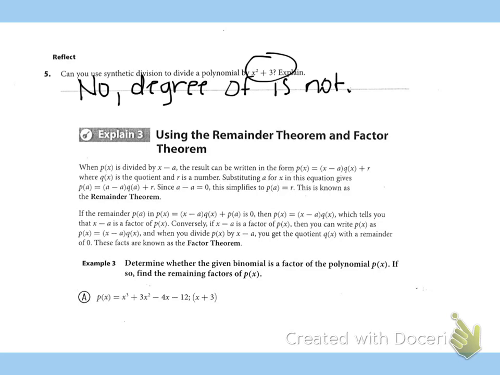And we can use that whole remainder theorem to actually decide if a given term, x plus 3 in this case, is actually a factor of a polynomial, in this case x to the third plus 3x squared minus 4x minus 12. In other words, would x plus 3 divide into this polynomial evenly? In other words, is it a factor? Because that's how you know if something is a factor, right? If it divides in evenly.